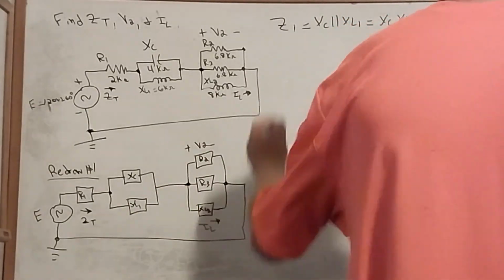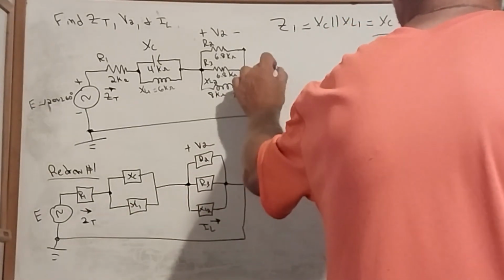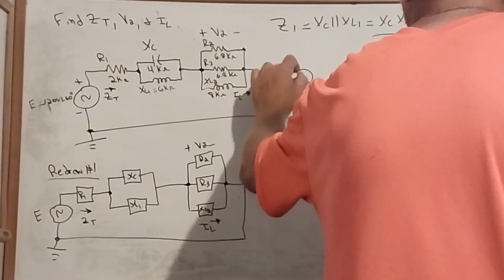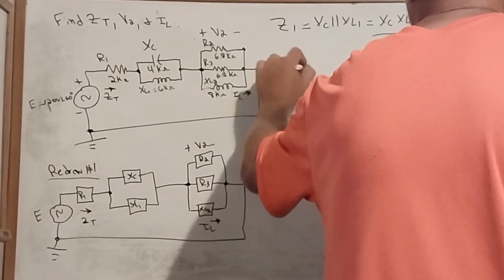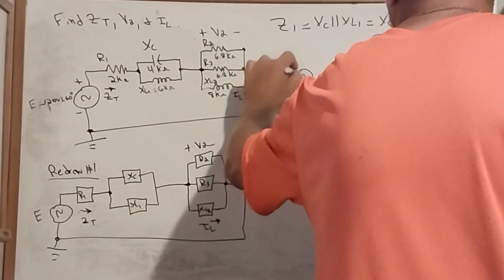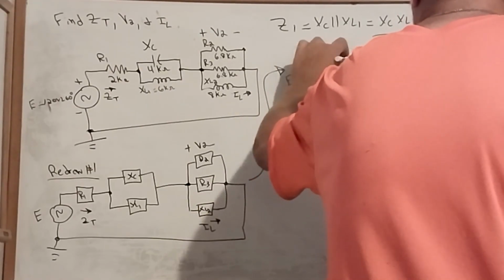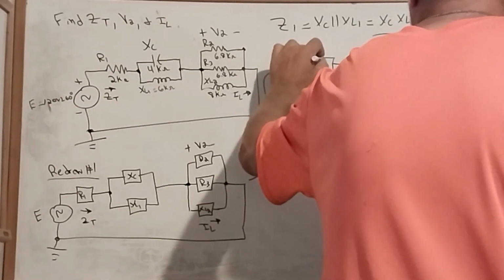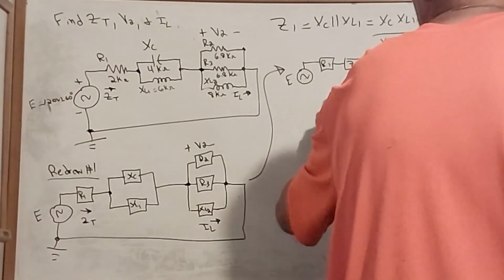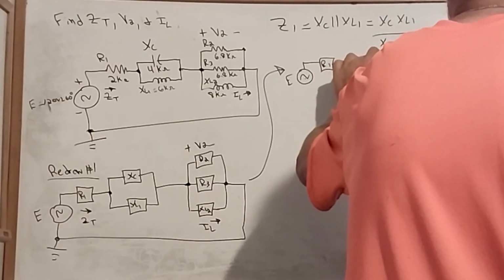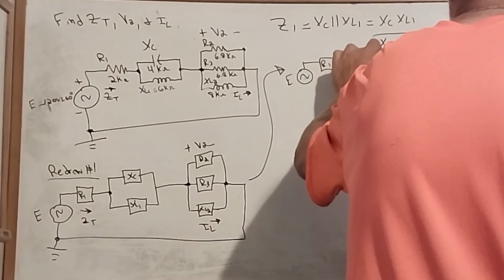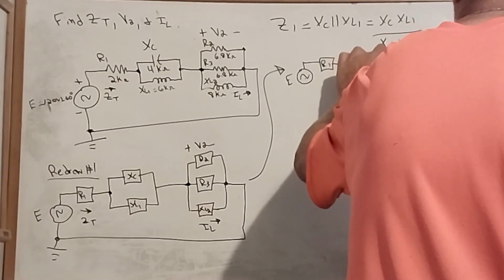Okay, I'm going to redraw the circuit right up here in a smaller fashion so we can get everything on the board. This is our Z sub 1 right here. This is our R1. And then here, really small.